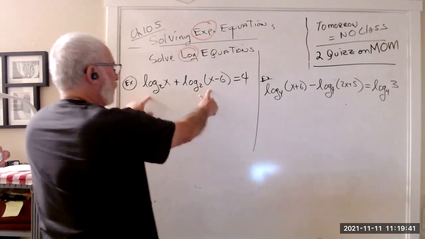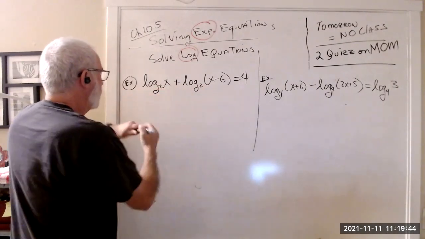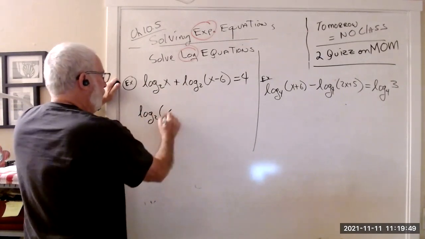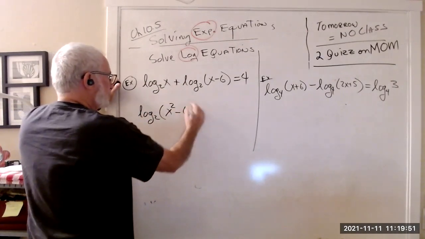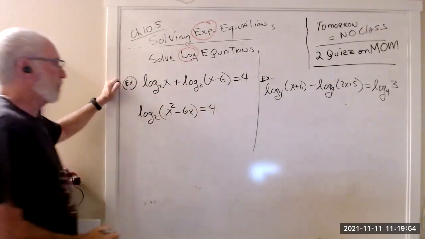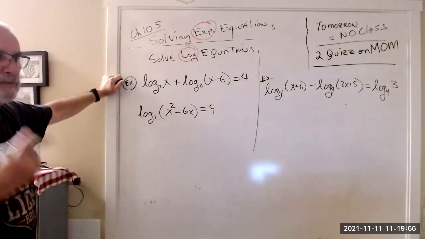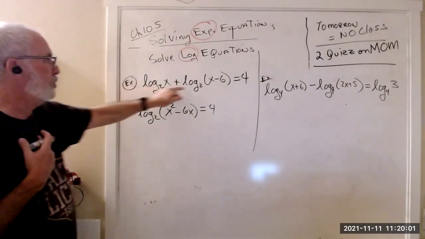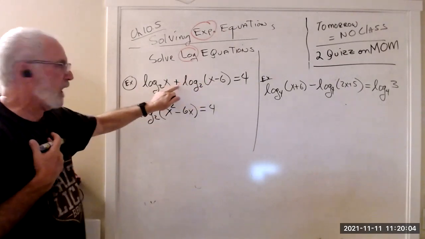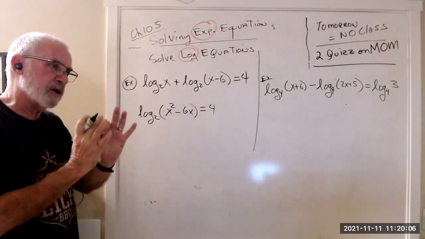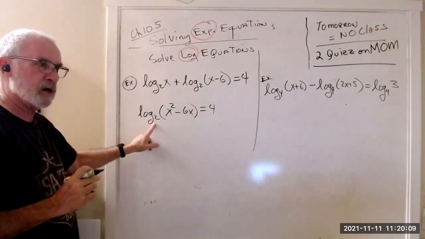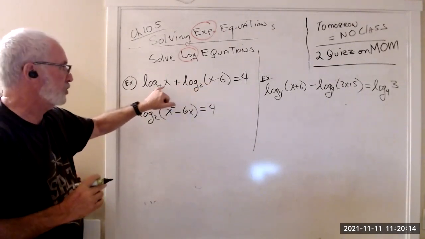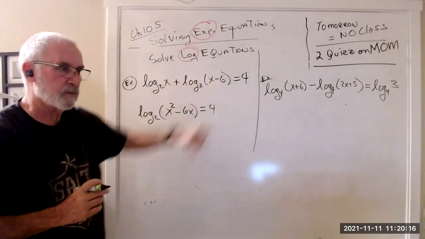So 2 separate logs that are adding can be condensed into 1 single log that is multiplying. And that was that product rule for logarithms off that worksheet. 2 separate logs that are adding can be condensed into 1 single log where they multiply together. And I just went ahead and did the multiplication. X times X, X times 6.